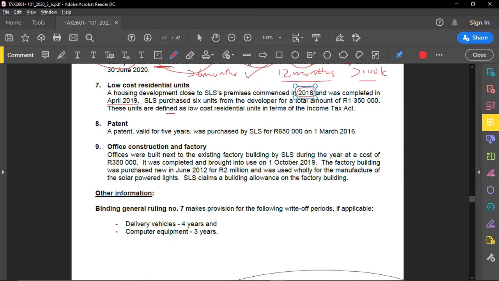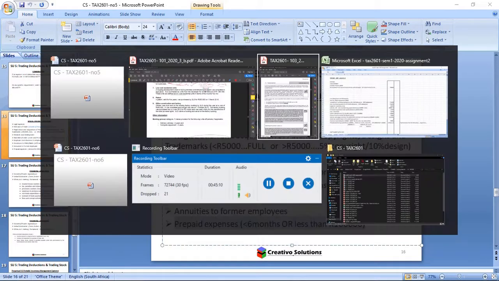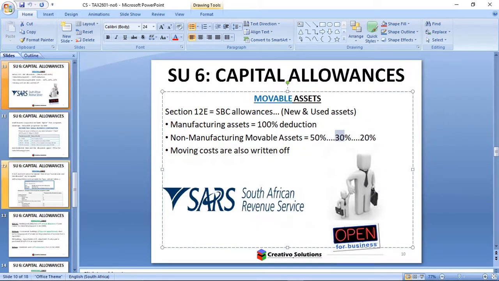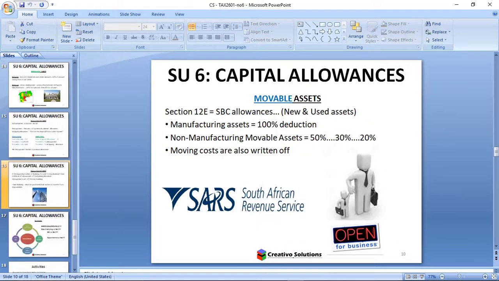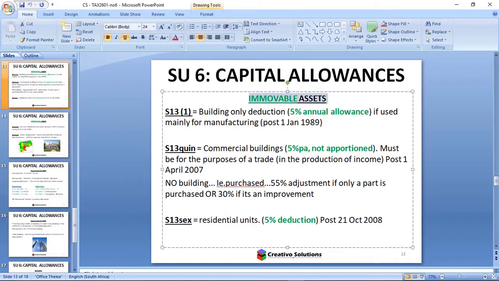These units are defined as low cost residential units in terms of the Income Tax Act. So we do have low cost residential units applicable here. Again, go to your notes, not this set, these sets. Let's go to the deductions here. Okay, immovable assets.